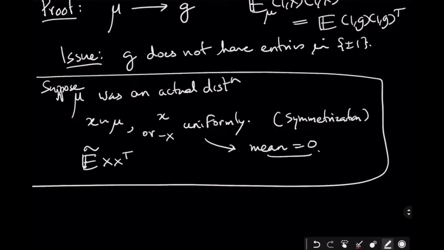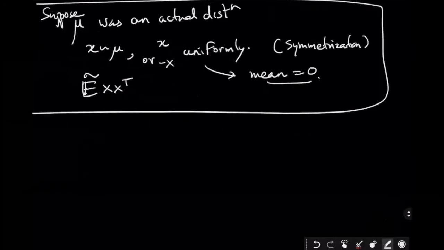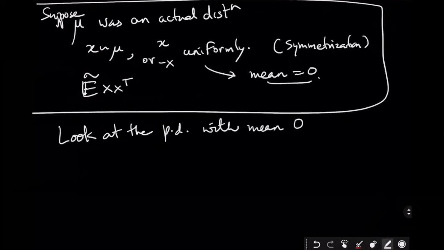Now, of course, we cannot do all this sampling for pseudo distributions, okay? But one thing we can definitely do is look at the pseudo distribution with mean 0 and covariance, or actually second moments, equal to the second moments of XX transposed, okay?